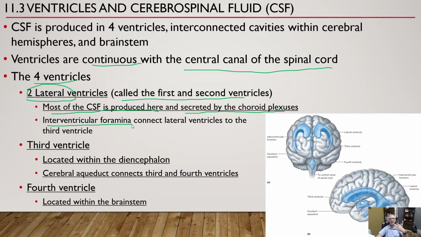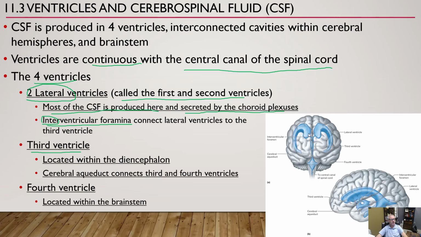Foramina just means kind of like a hole. So this interventricular foramina, inter kind of means between, so the hole between the ventricles, would connect those lateral ventricles to that third ventricle. So the cerebral spinal fluid goes from those two lateral ventricles through that interventricular foramina to that third ventricle.